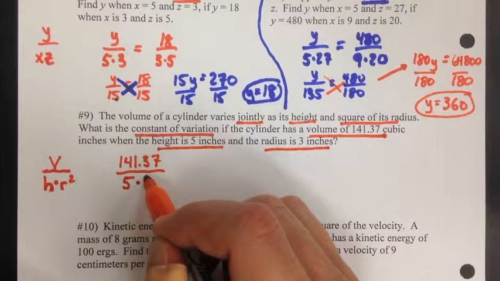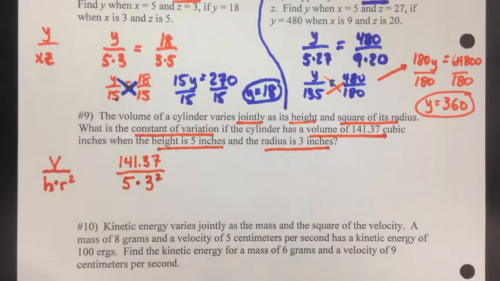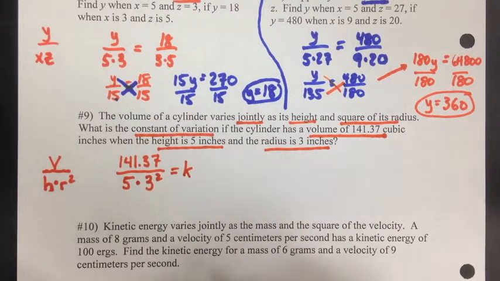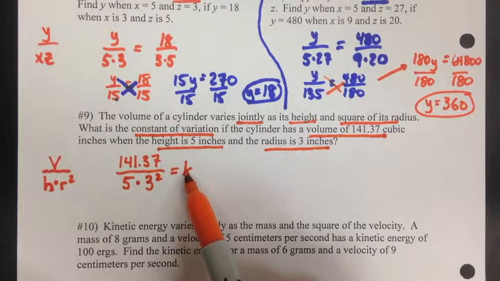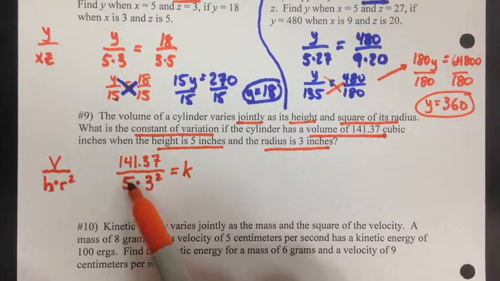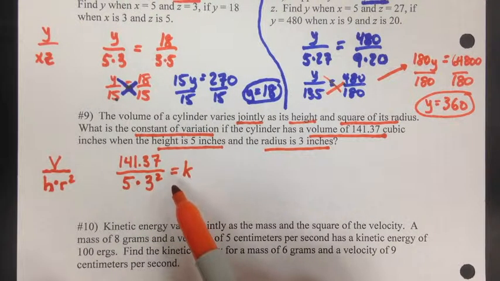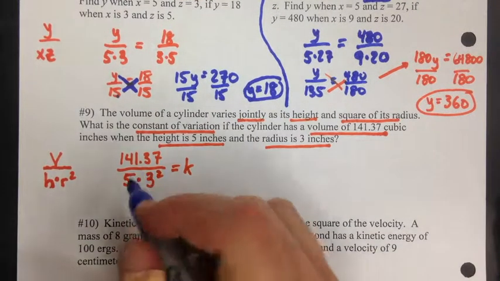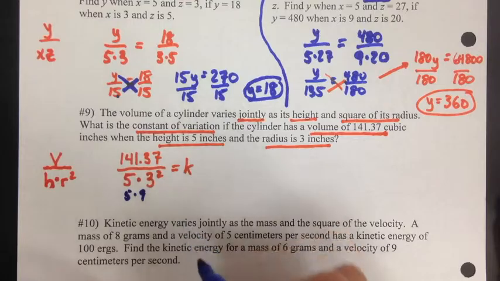So 5 times radius squared equals the constant of variation. They're not actually asking me to solve for a variable. They want the constant of variation, so I'm going to set it up as y over x times z equals k. Now, in the denominator, 5 times 3 squared, that's 5 times 9, which is 45.